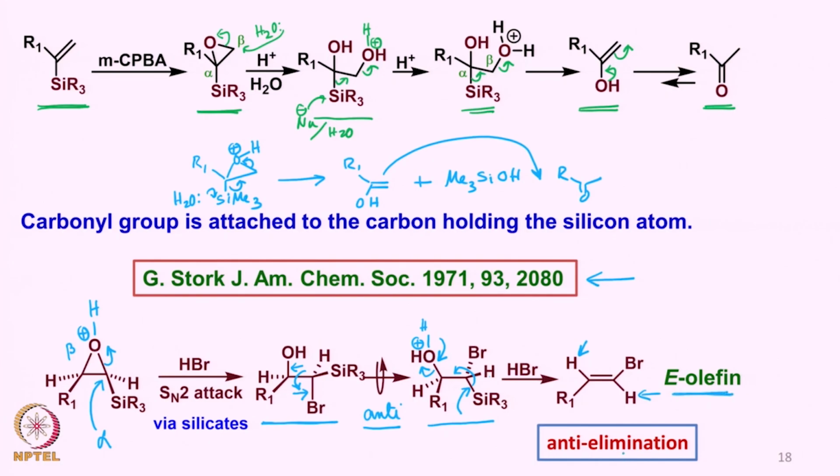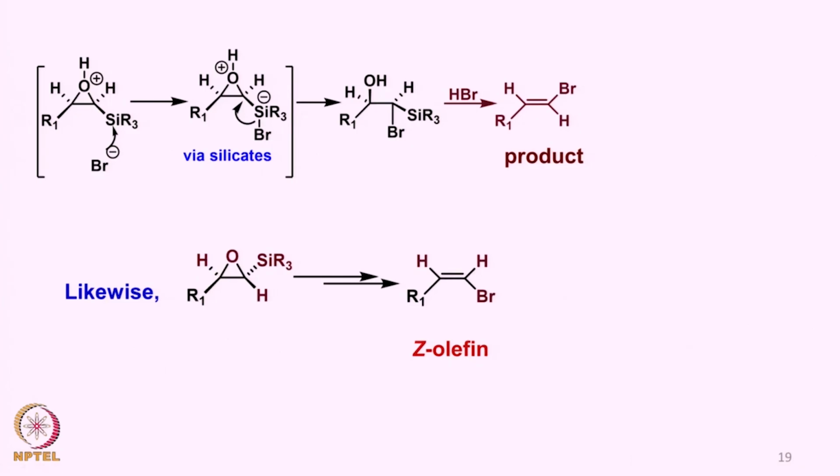This reaction occurs in this fashion: first the bromine reacts with the silicon forming this kind of pentavalent silicate, and then the silicon bromine bond gets transferred to the carbon bromine bond, and then we get the product somewhat like this, and that leads to the formation of this double bond.